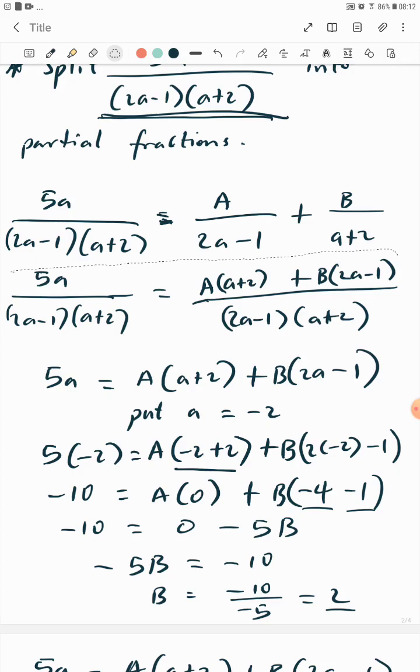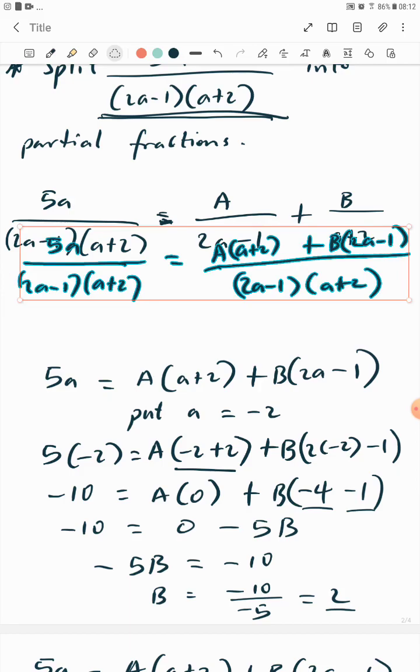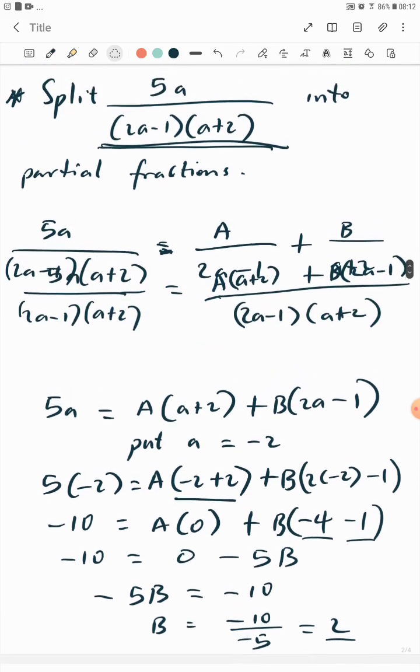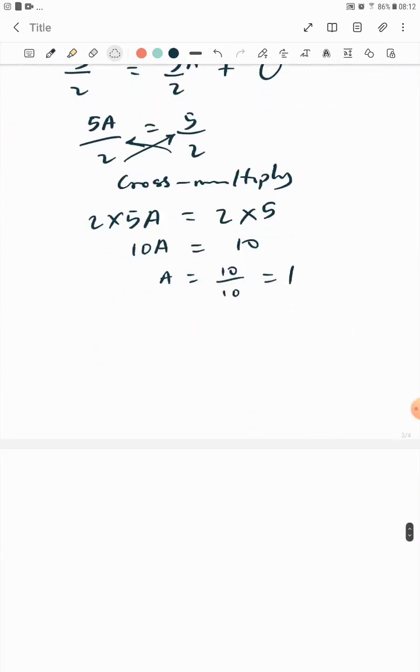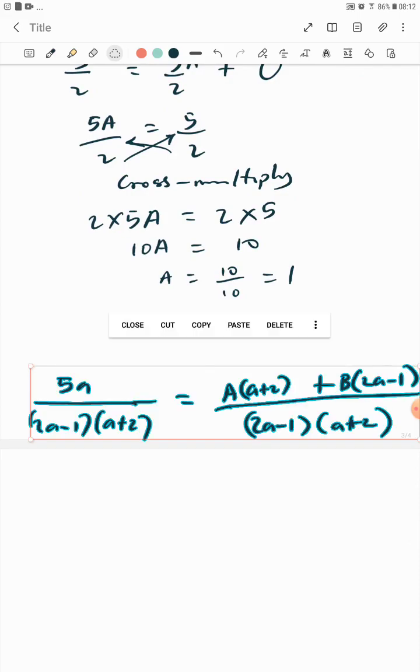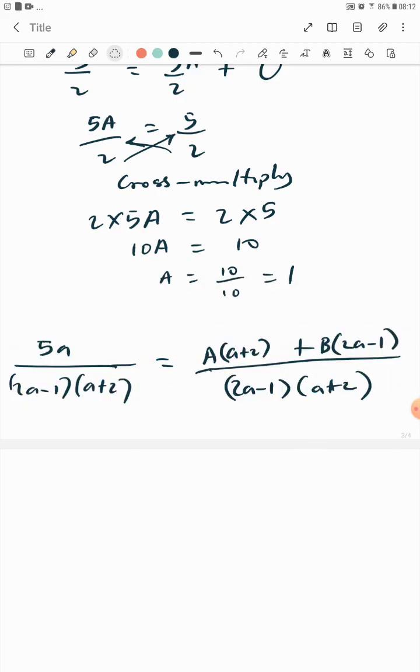Now let's rewrite these equations that we have here. Let me copy it. All right, so this is what we have.